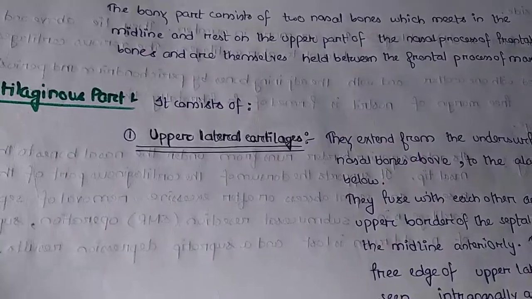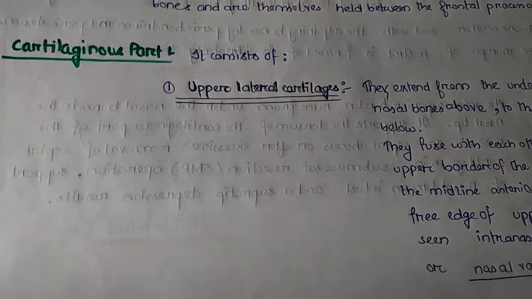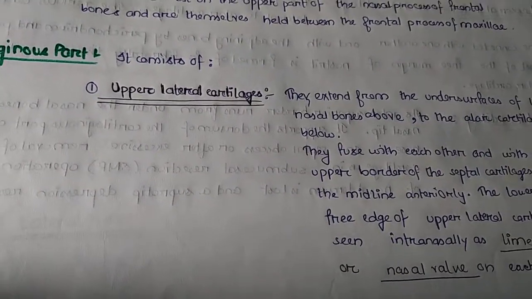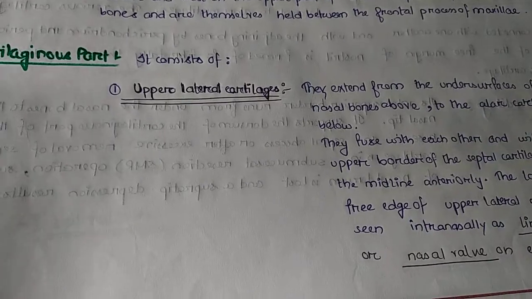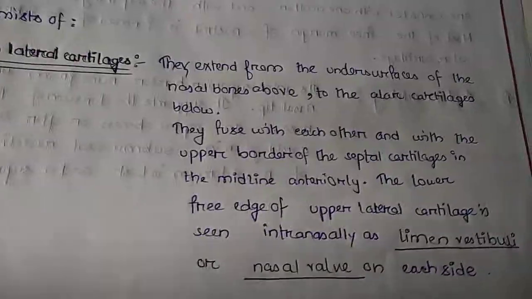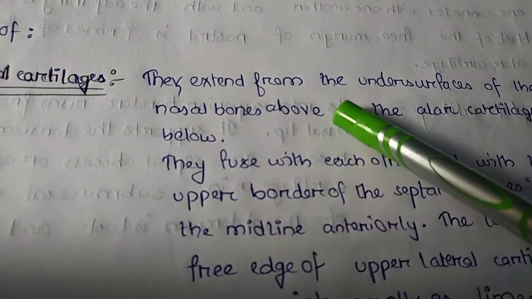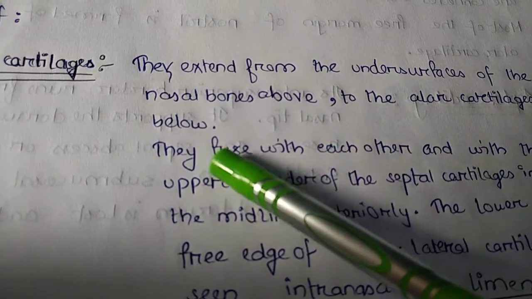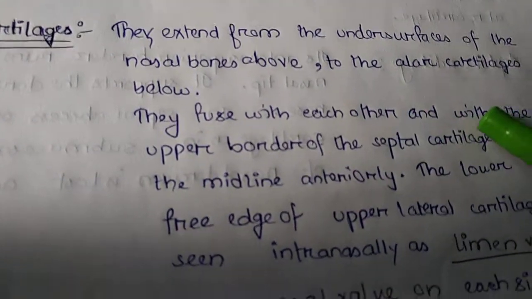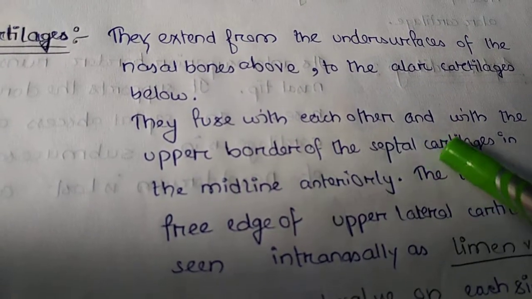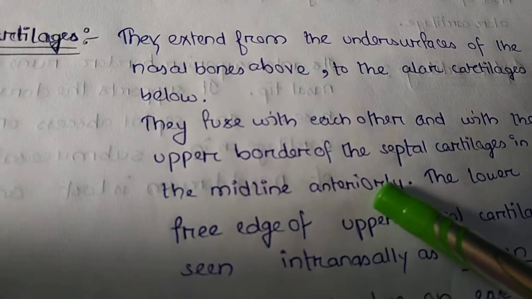So let us now discuss the upper lateral cartilages. The upper lateral cartilages extend from the undersurface of the nasal bones above to the alar cartilages below. They fuse with each other and with the upper border of the septal cartilage in the midline anteriorly.